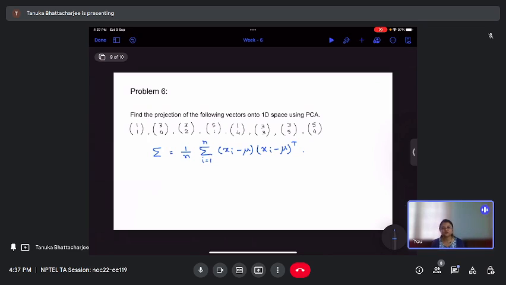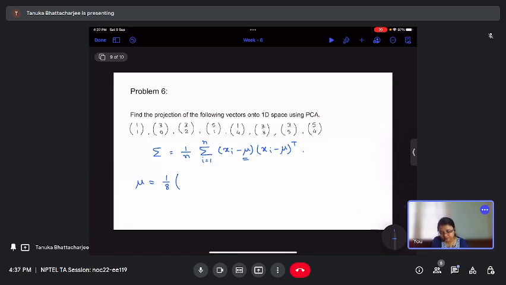To compute this for this particular data set, first you will have to compute mu, the mean of the data set. So, mu will be 1/8 of the summation of all the feature vectors.